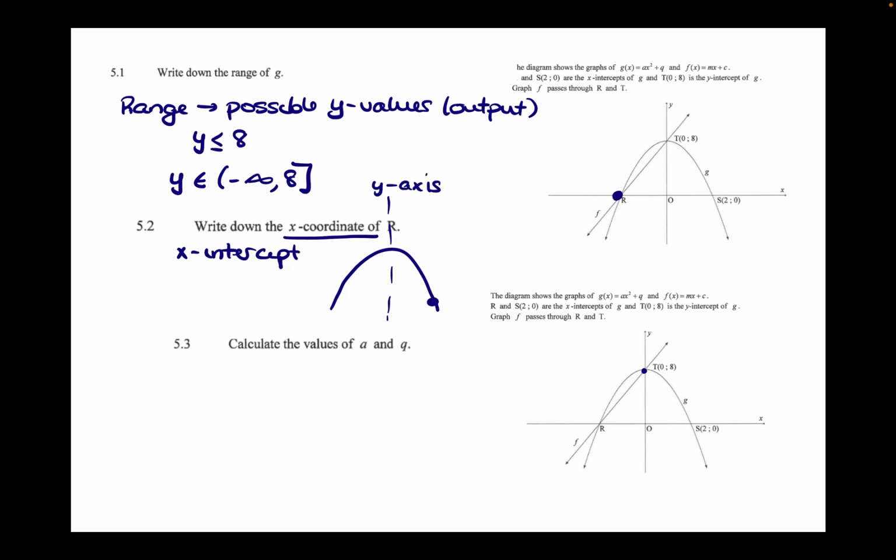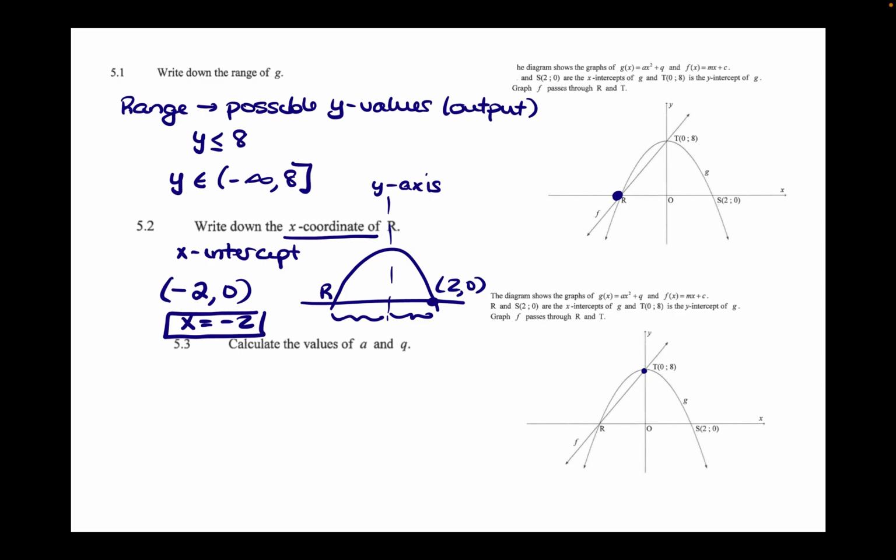And our s value gives us an x-intercept on one side, and so the r will be exactly the same distance in the other direction. So our x-intercept on the other side, the r value is -2, 0. So the x-coordinate of the r point is -2.